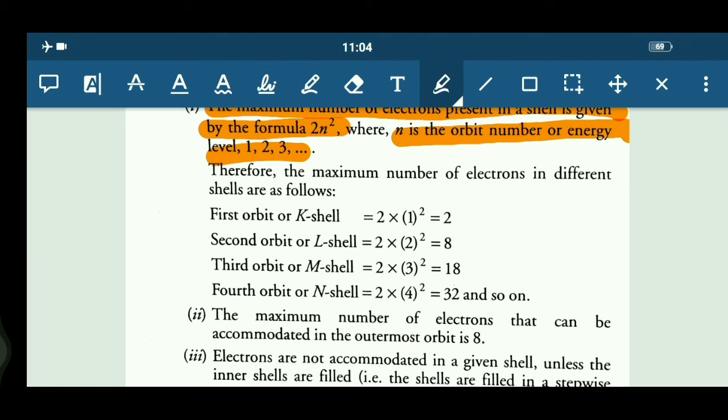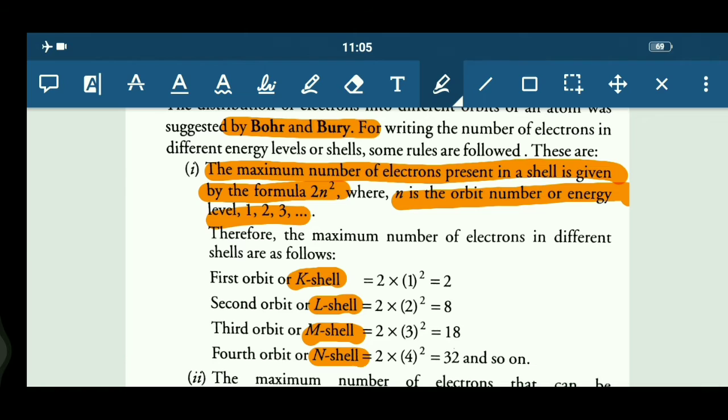There are 4 different shells, students: K shell, L shell, M shell and N shell. In these shells you can see there are different energy levels, and n is different for different orbits.